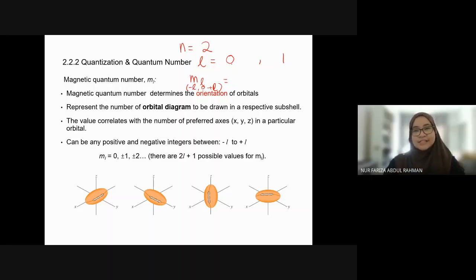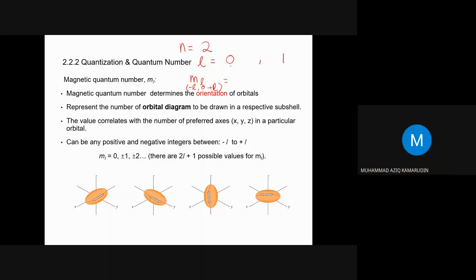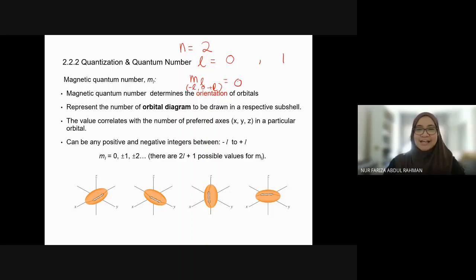So if the L is equal to 0, macam mana boleh -1, 0, 1? It depends on the L. So since L is equal to 0, takkanlah kita ada negative 0 until positive 0, kan? So it should be 0 lah. And then we are done with the ML for L is equal to 0.